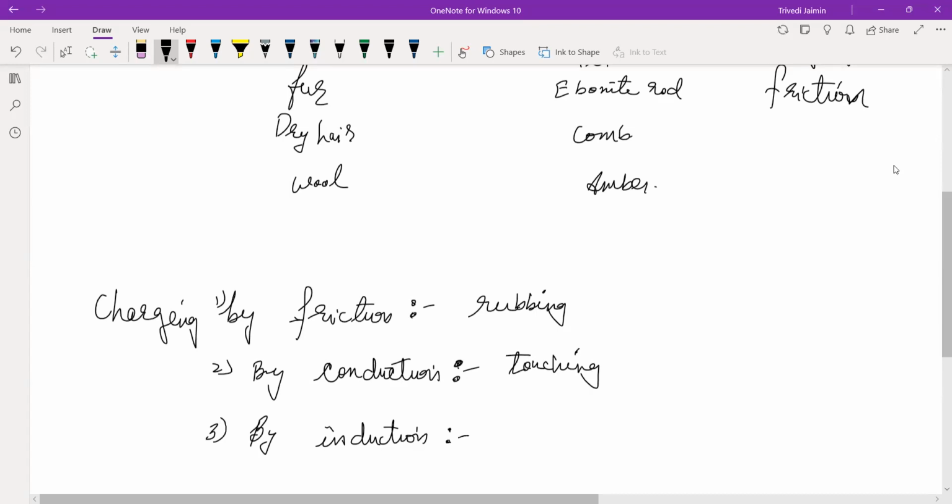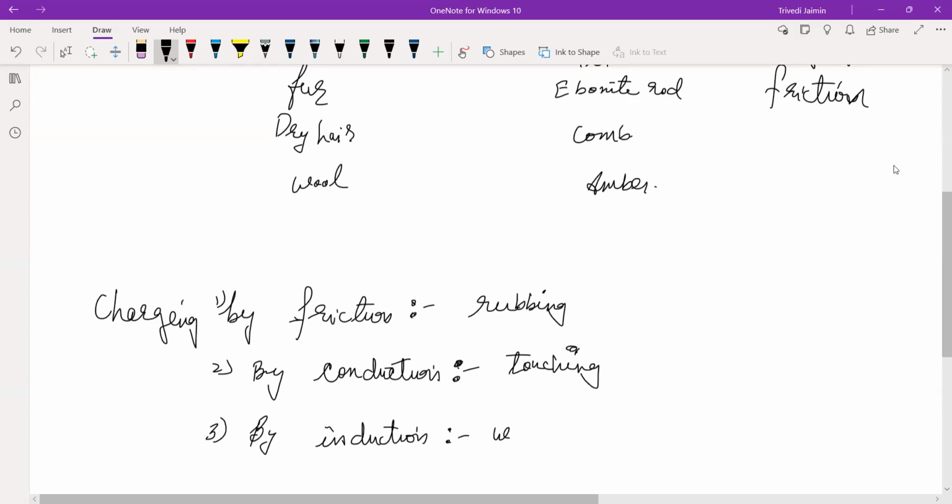And induction, it was short term. I want one word for induction. What did we do in induction? We place an object with current flowing through it next to an object without current. It gets induced in that object. I don't know how to define it, but one word we will use is without touching.